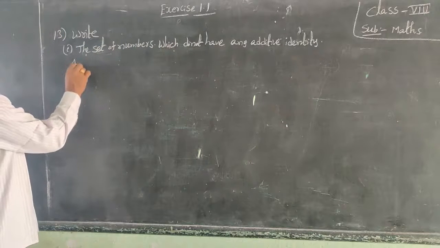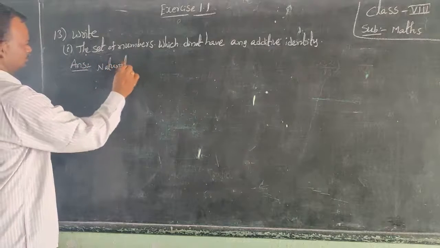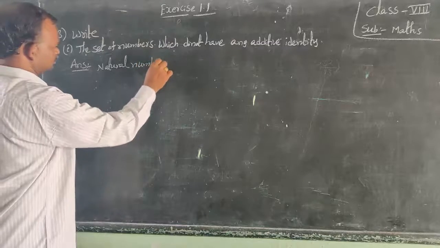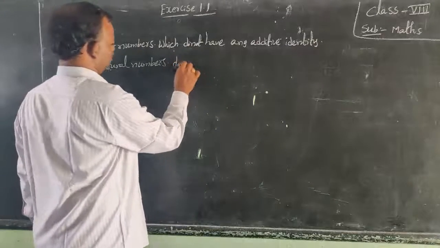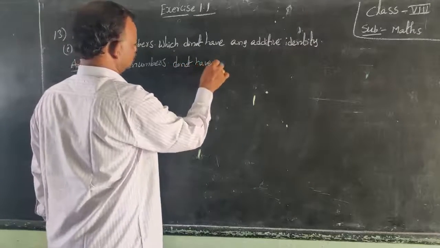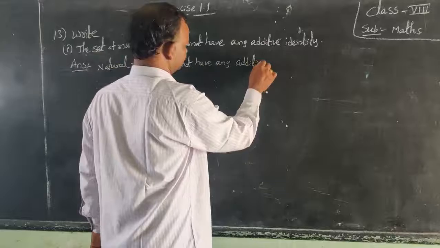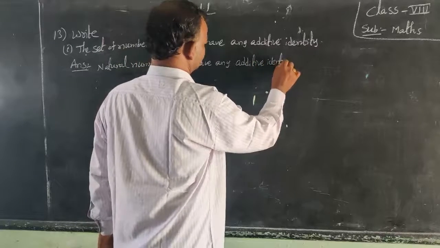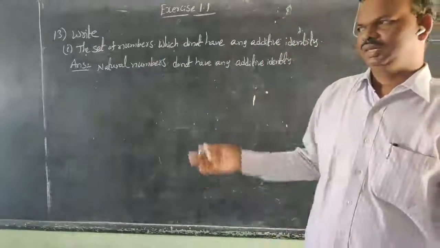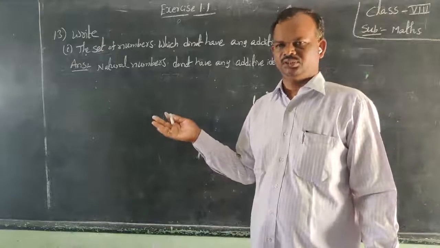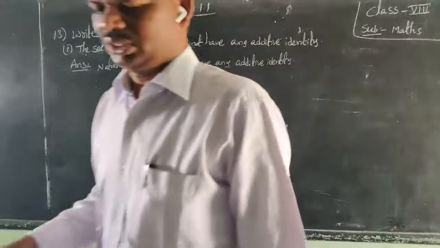So the answer is natural numbers do not have any identity. Whole numbers start with zero. Integers have zero. Rational numbers have zero. But natural numbers do not have zero. So the answer is natural numbers.